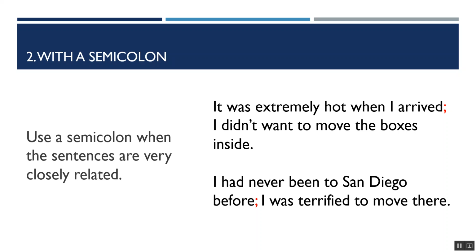And I don't want to use a full period because I want the reader to see that these ideas go together. So for example, it was extremely hot when I arrived, semicolon. I didn't want to move the boxes inside. So the fact that it was extremely hot, that caused me not to want to move the boxes inside. That's why I wanted to use a semicolon there, because those sentences are very closely related.